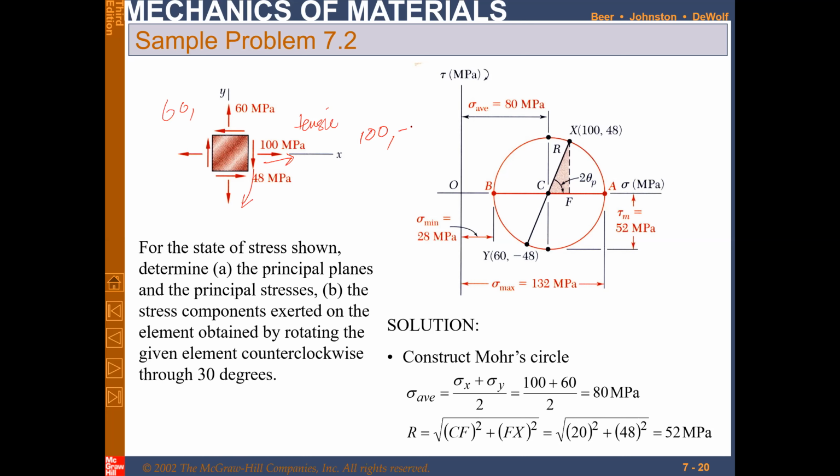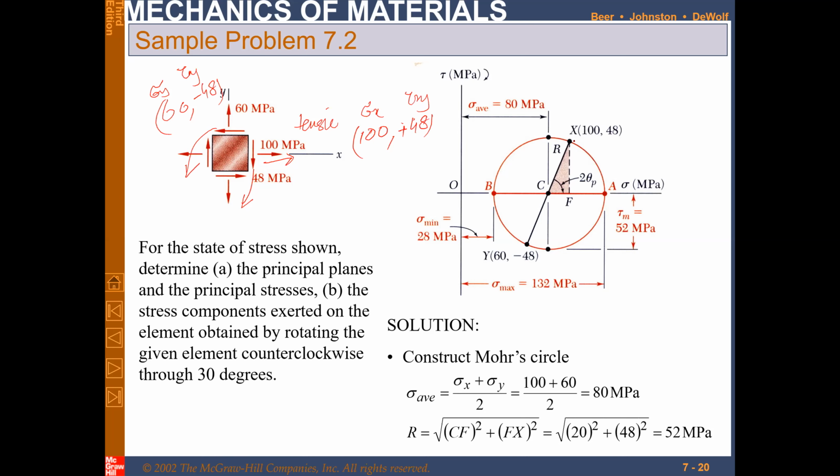Sorry, it will be positive, because this is going to rotate clockwise, so it will be plus 48. And for 60, it is counterclockwise, so it will be 60 comma minus 8. So these are sigma x, tau xy and sigma y, tau xy, plus minus k, right?